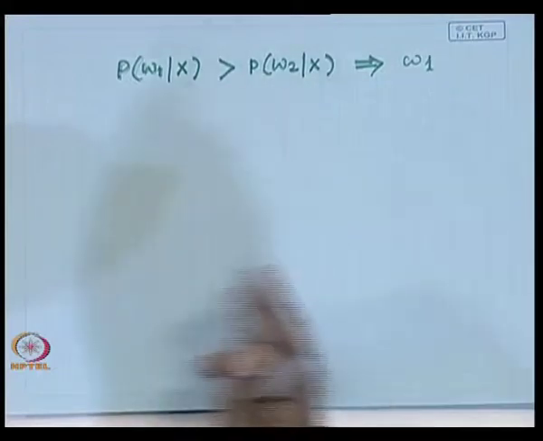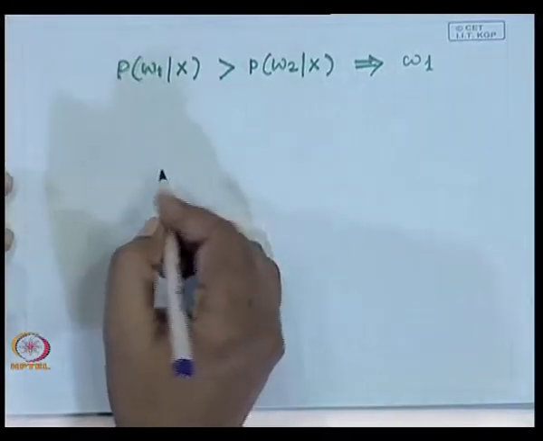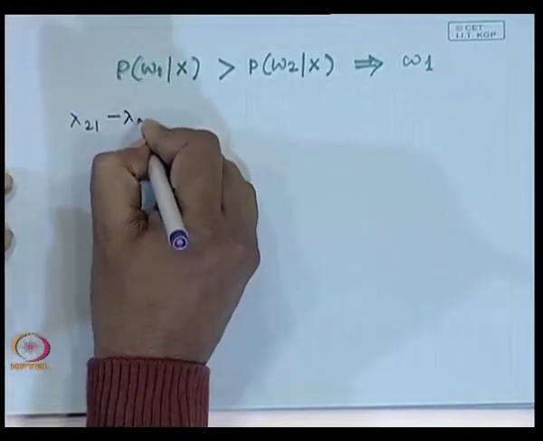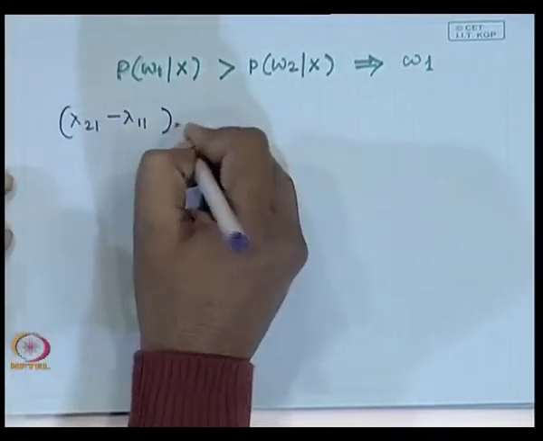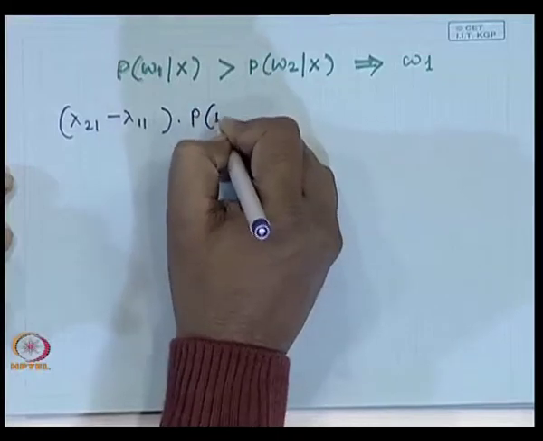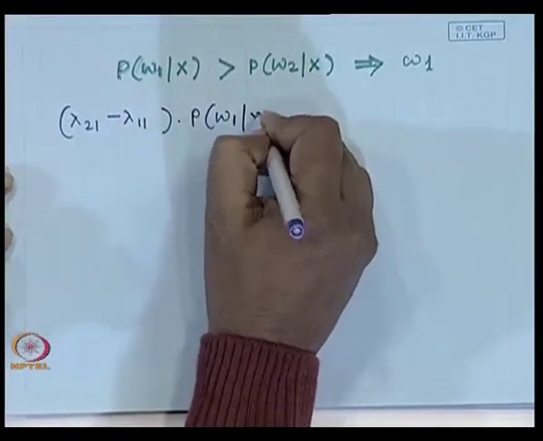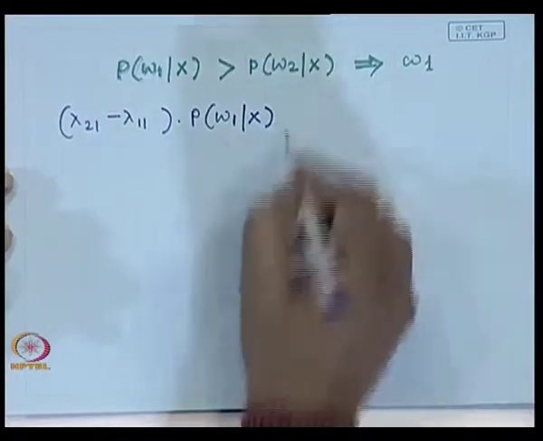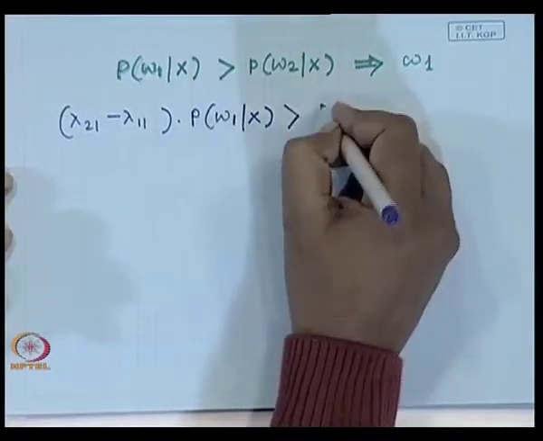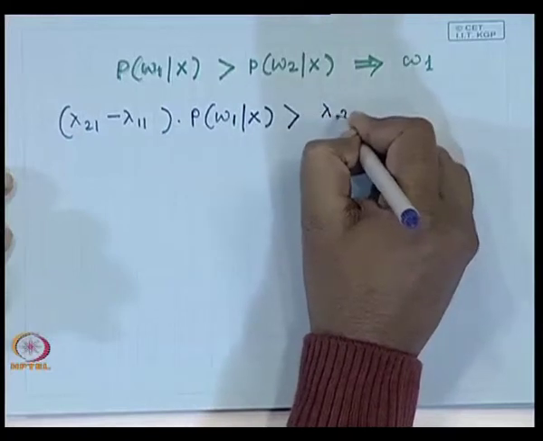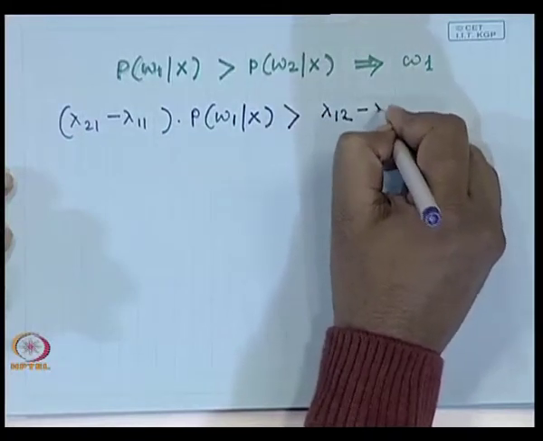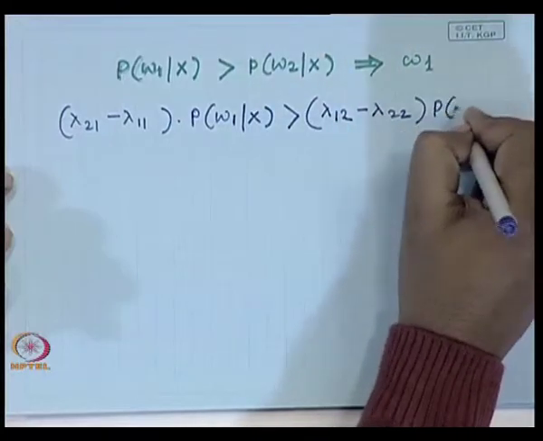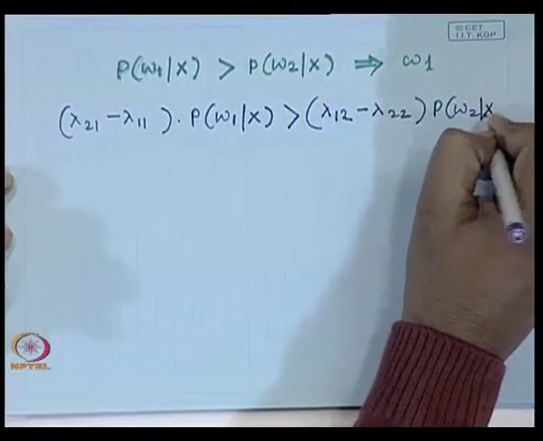Whereas in the minimum risk classifier, this becomes lambda 2 1 minus lambda 1 1, which is weighting the a posteriori probability p of omega 1 given x, being greater than lambda 1 2 minus lambda 2 2 into p of omega 2 given x.